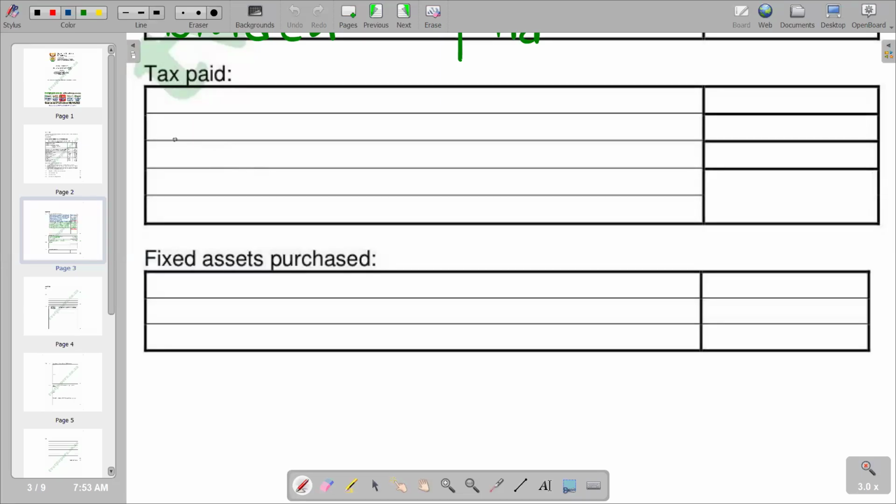On calculation of tax paid, we are going to start with income tax for the year as reflected in the income statement.